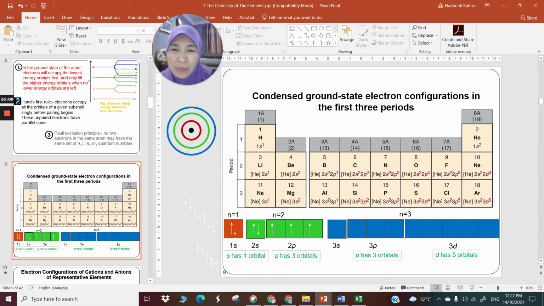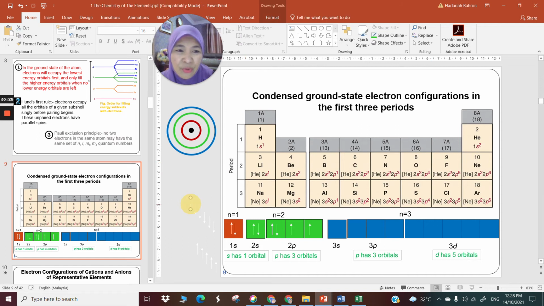It cannot be of the same spin as these 3 because they have to be of the opposite spin. So we take this one here to pair up with that one over there. And what is that? That is oxygen with 8 electrons. 8 electrons is 1s2, 2s2, 2p4.